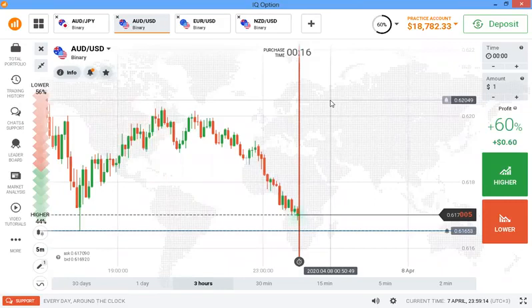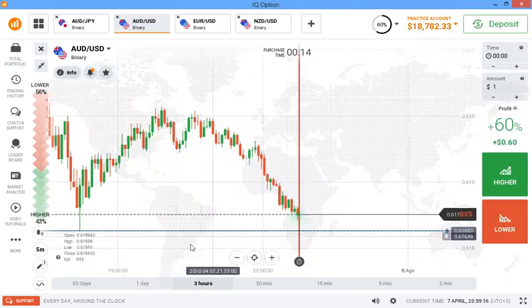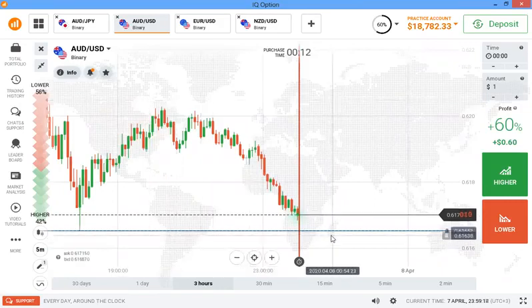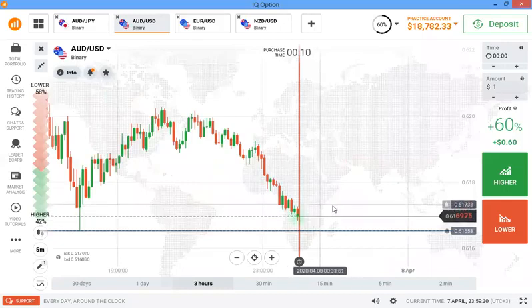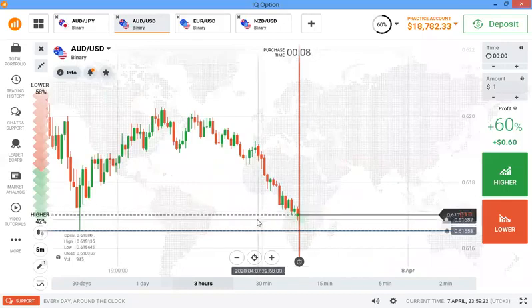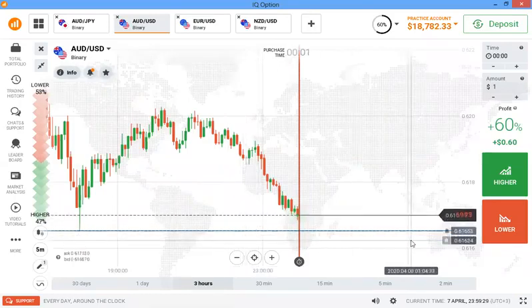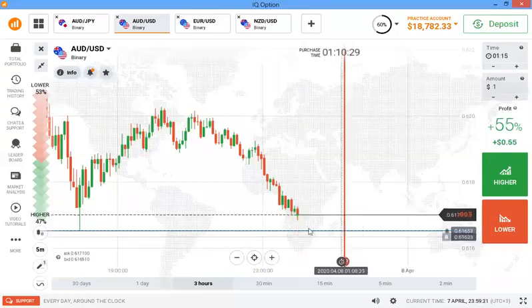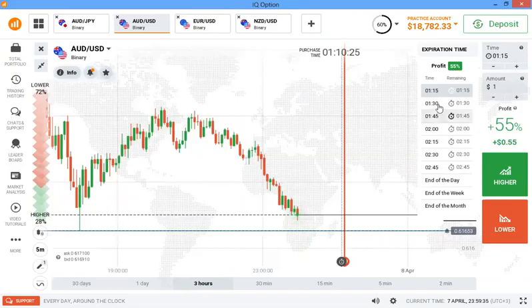So the alert can come like this. Maybe I'll just send a message to the group chat. Just say, put at a level 0.61653. Expiry time should be 5 minutes.